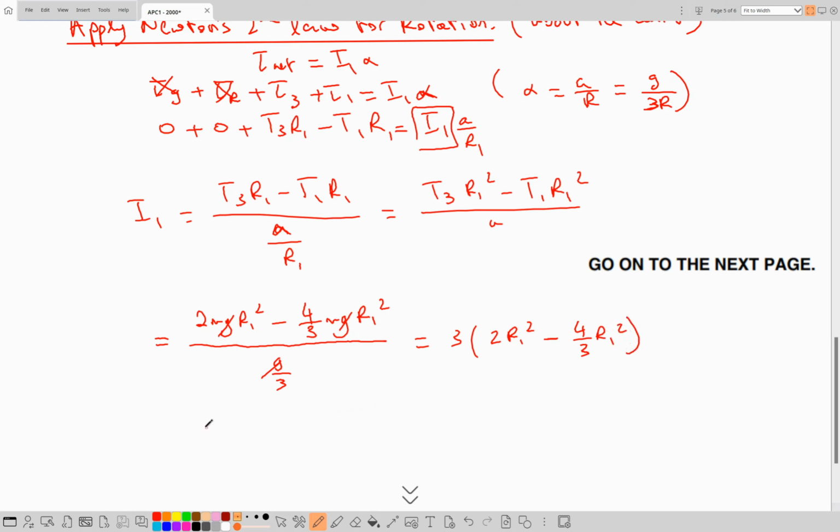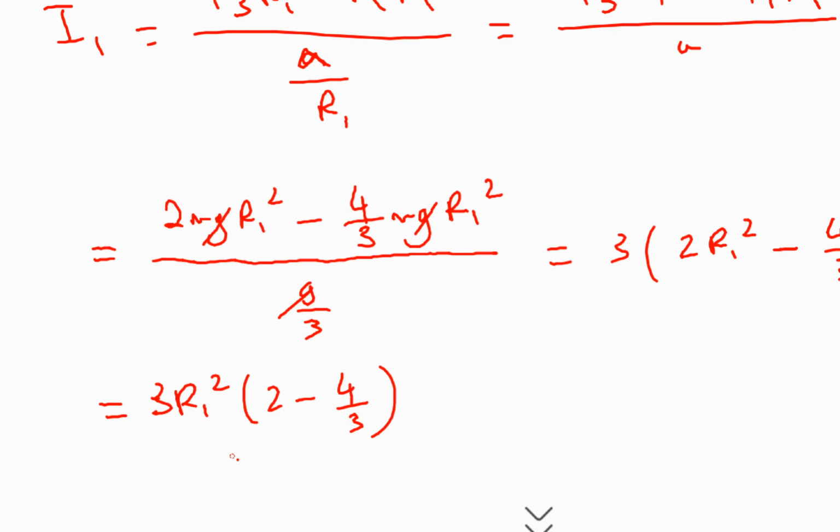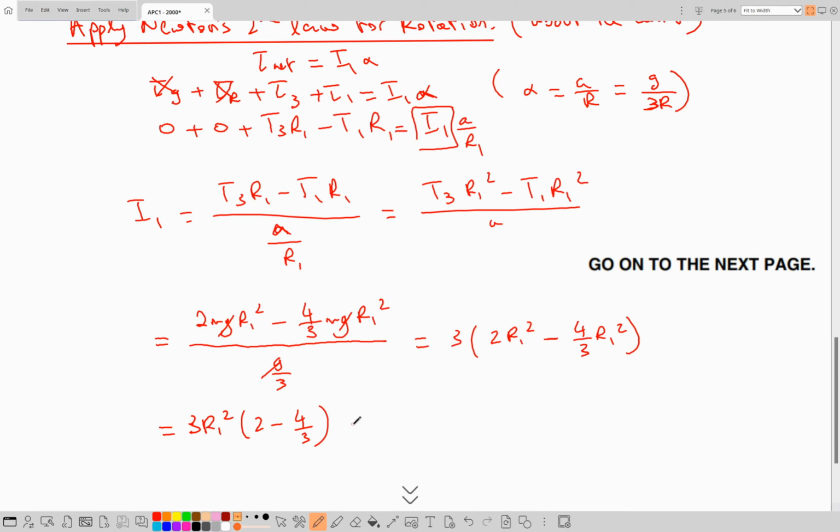So we can factor out R1 square, that would be 3 R1 square into 2 minus 4 over 3. And here if we do the common denominator, that would be times 3 over 3, that would be 6 over 3, 3 with 3 would cancel, and we're left with 2. Sorry, here also we can factor out m. So let me do it properly.